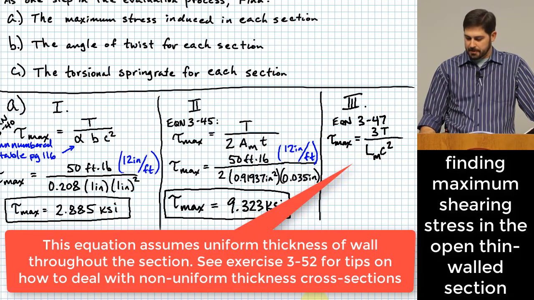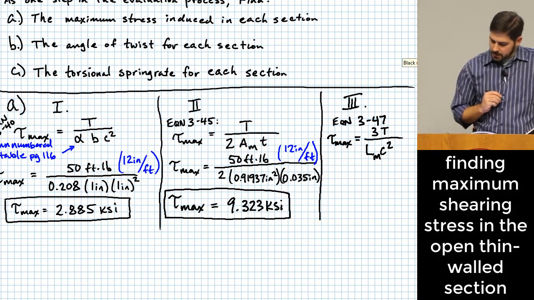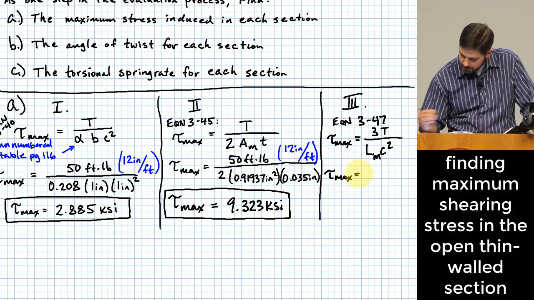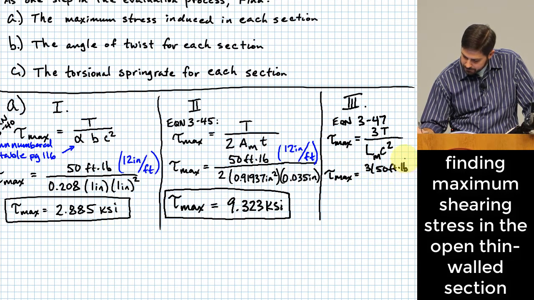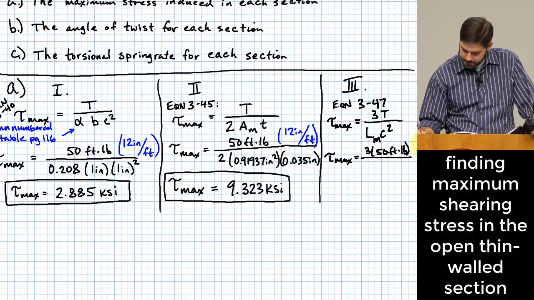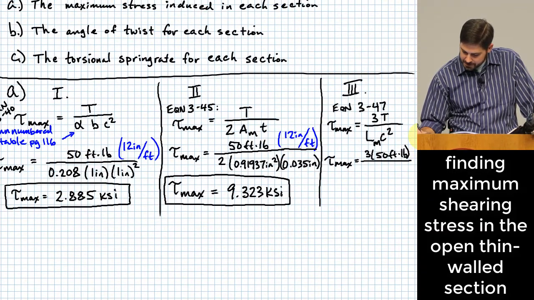I believe it was 352. All right. So this maximum shear stress then is going to be equal to 3 times 50 foot-pounds over, let's see, it was down here, 3.6583 inches.